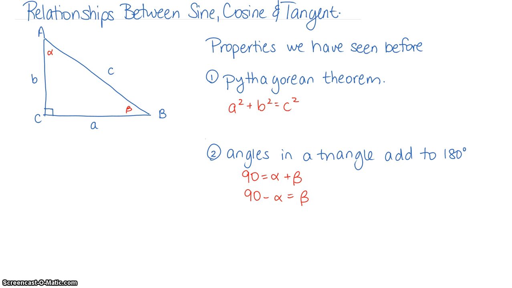So we're going to look at sine and cosine. For angle alpha, we have our hypotenuse, which is going to be our c. For alpha, a is going to be our opposite, and b is going to be our adjacent. So if I was to look at sine of alpha, sine is opposite over hypotenuse, if you need to remember, SOHCAHTOA.